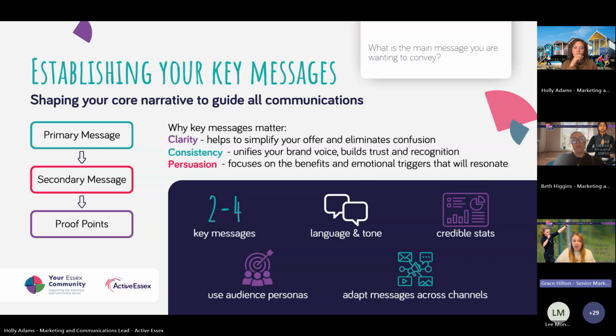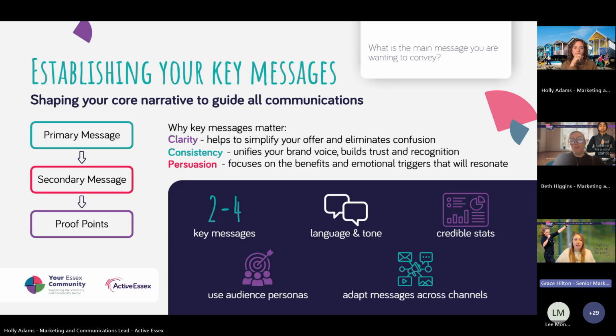Credible stats. As mentioned in the proof points bit, this builds trust. So anything that you can use to back up your primary and secondary message will really enhance what you're trying to achieve. Audience personas. Holly mentioned this previously, so hopefully you've already written down some points on your target audiences. And then adapting messages across channels.